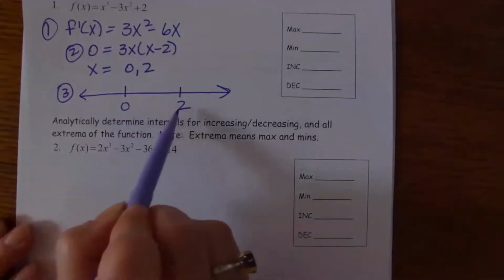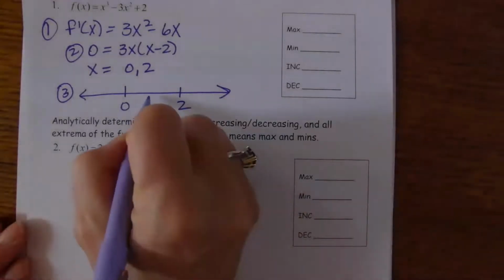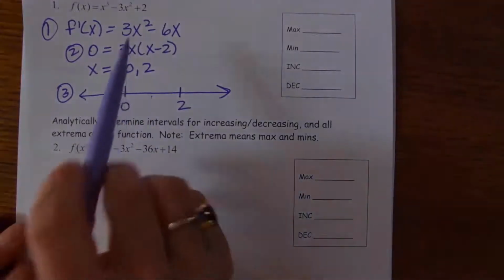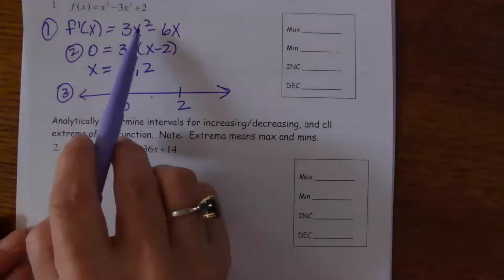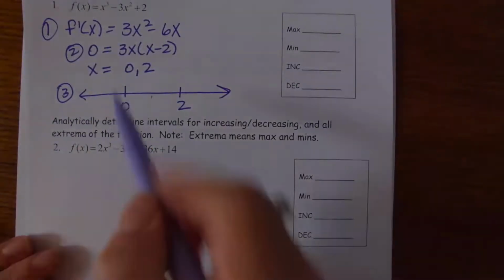So what's a number between 0 and 2? 1. And you don't have to write the 1 down. You're just thinking it. If you plug a 1 in to the derivative, is your answer positive or negative? You would get 3 minus 6. Is that positive or negative? It's negative.